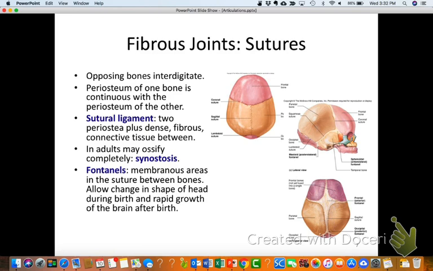I do want to talk to you about the kinds of sutures. So we're going to just look a little bit at the different categories of sutures. And what we're going to see here is that we have serrate sutures, which have a zigzaggy boundary between the bones.